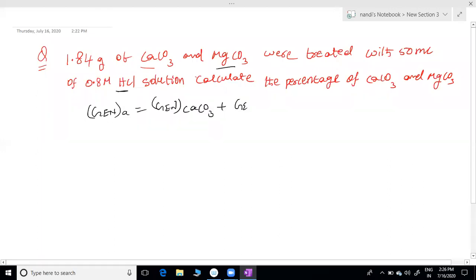Very simple concept. Acid reacting with carbonate. Here magnesium carbonate reacts as well as CaCO3. Gn of acid, molarity and volume they have given, sir.